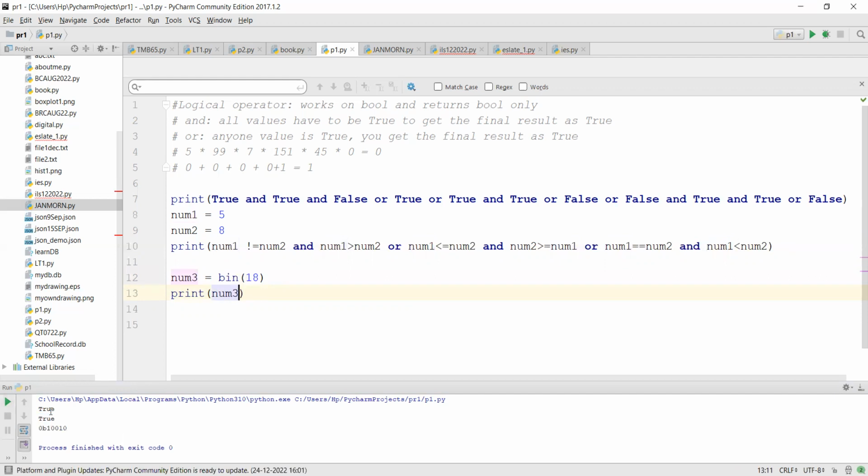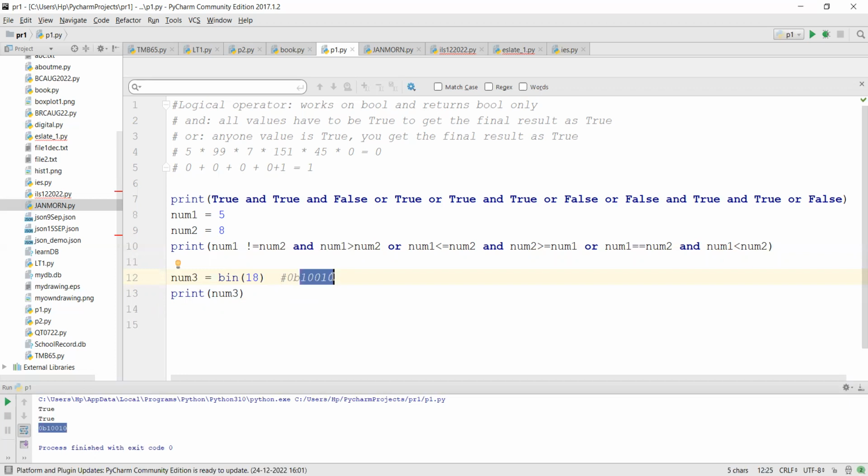Bin is a function that will convert whatever number into binary format. So what is the equivalent of 18 in binary? 0b is the indication that the number you have is binary.